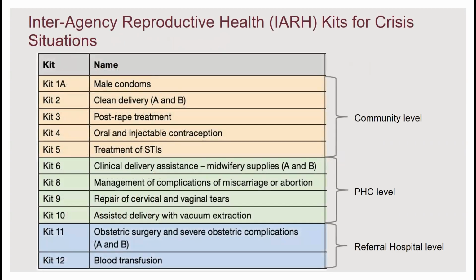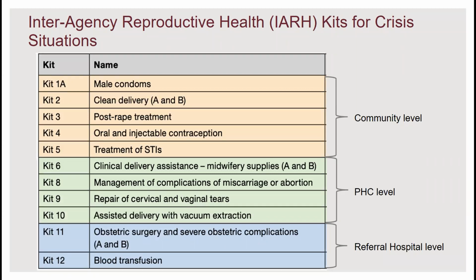One of the kits from the previous list is the Interagency Reproductive Health Kit, which can be procured from UNFPA. The guidance for use of these kits has recently been updated and are available as the 6th edition online. And this is the version we're referring to in this webinar.